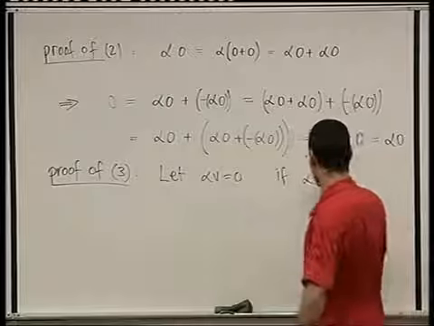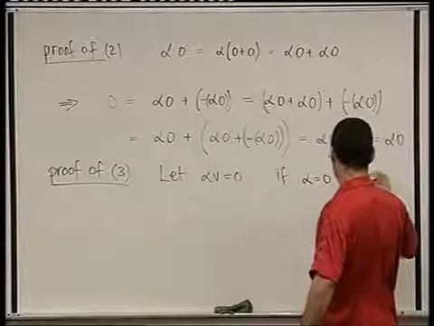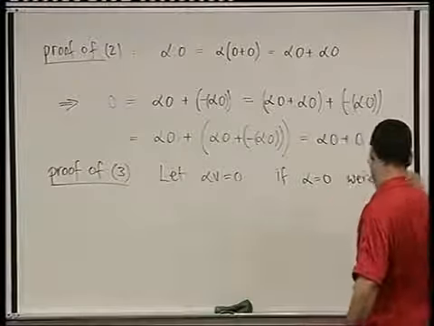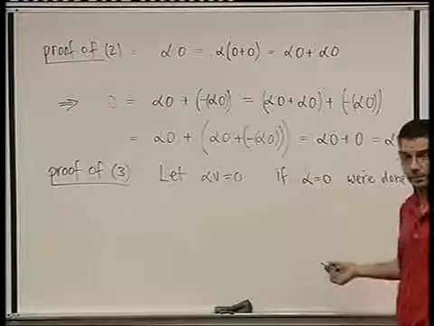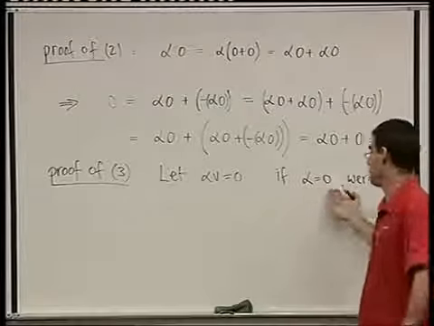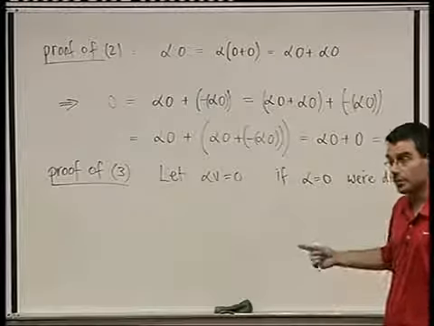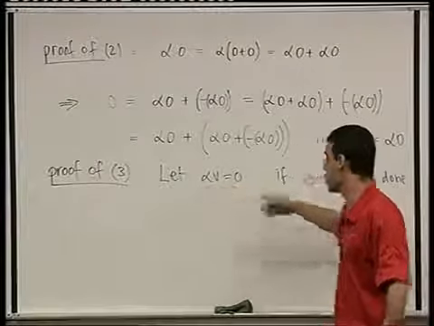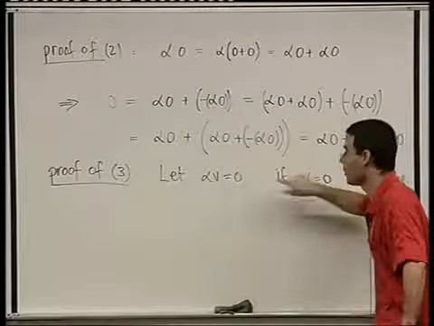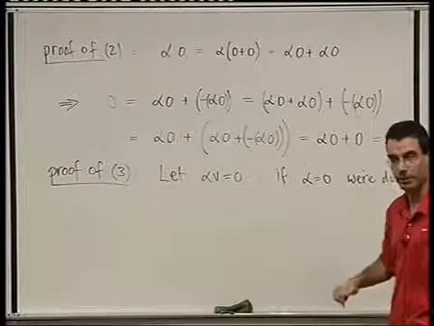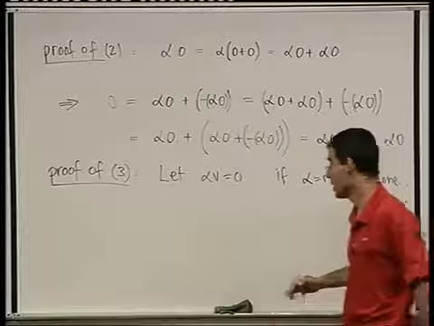If alpha is 0, we're done. Duh. Right? Well, if alpha is 0, then alpha is 0. That's what we want to prove. So saying that one of them is 0 is saying, okay, suppose alpha is not 0, let's prove that v is 0. Do you agree that that would prove it?